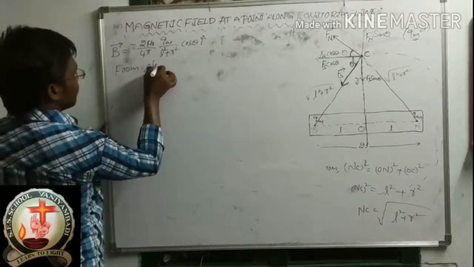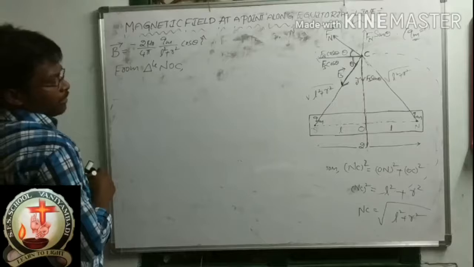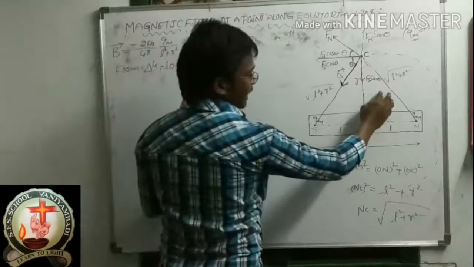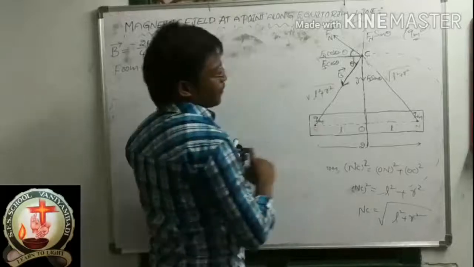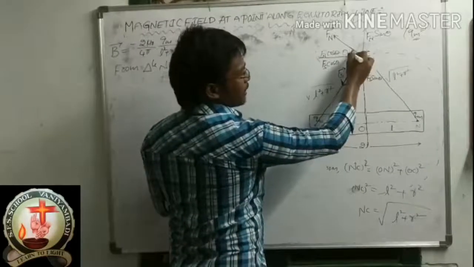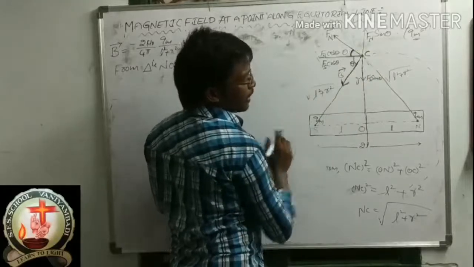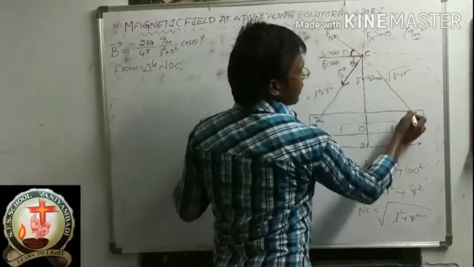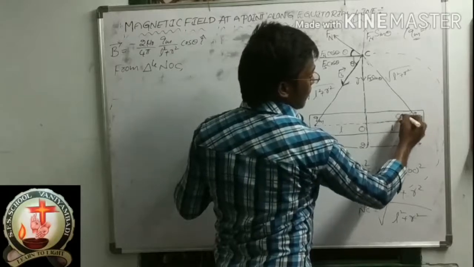From this triangle NOC, first, this is theta. This is theta, means this is also theta.